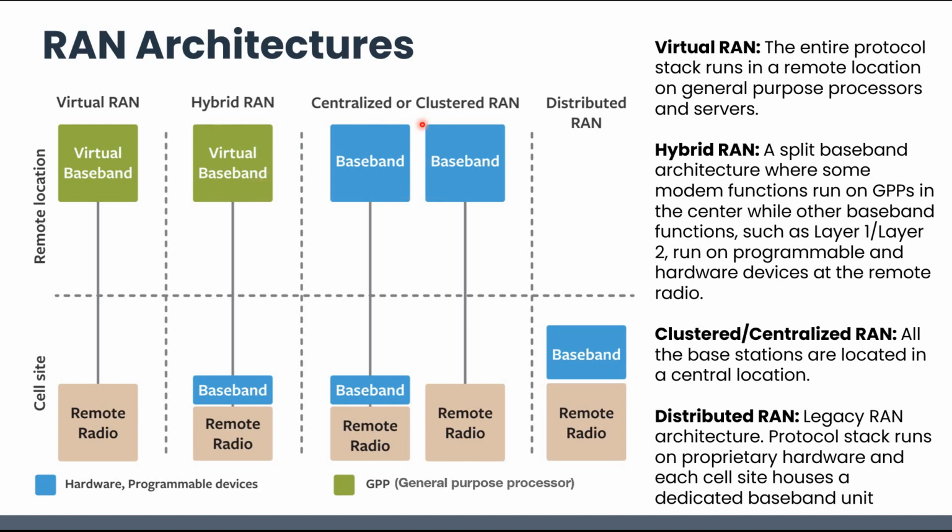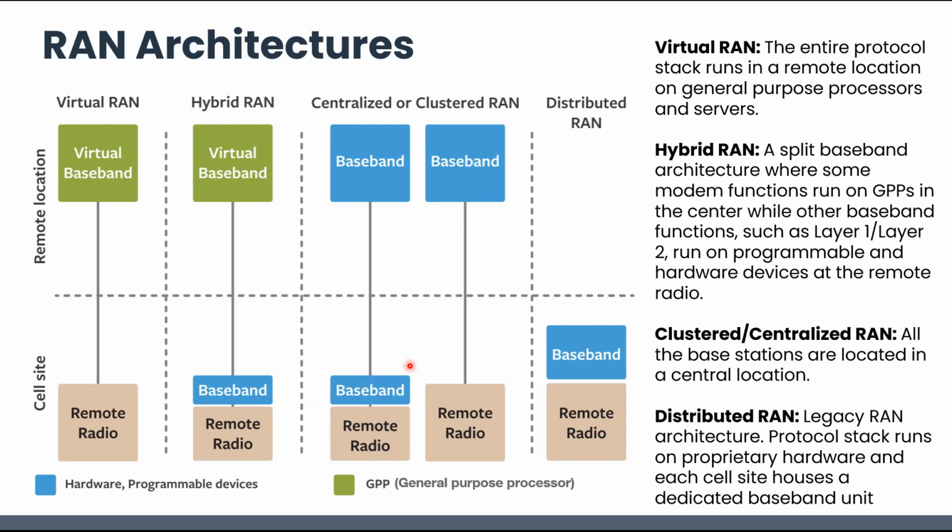Next we go with the centralized and clustered RAN, where we implement a hybrid and virtual RAN, and in the same place there is a baseband at the remote radio location which is not implemented on a GPP, but is a separate baseband unit.